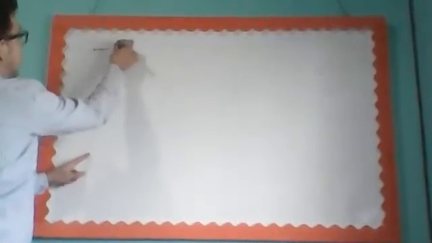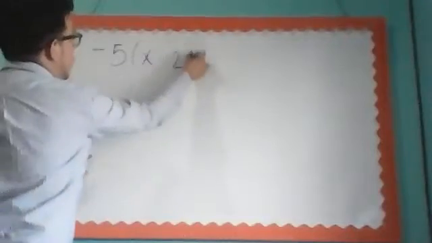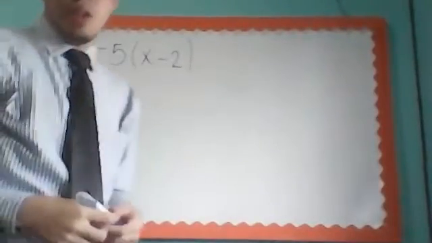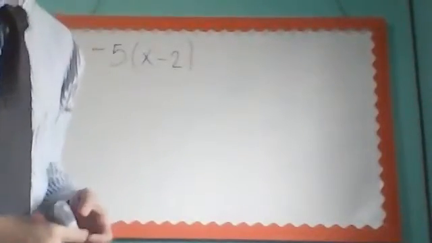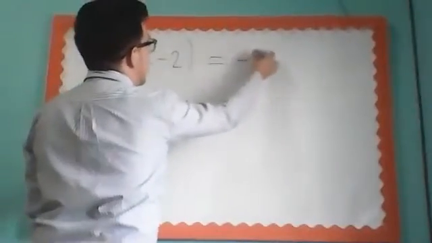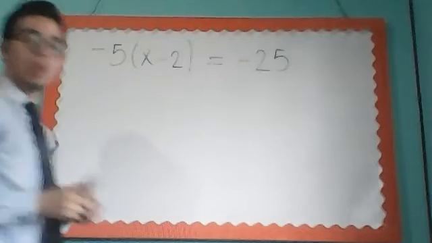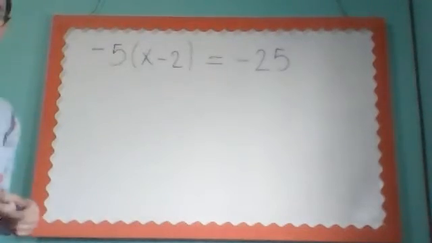Negative 5 is multiplying x minus 2. And this is equal negative 25. Okay. How can we solve this?